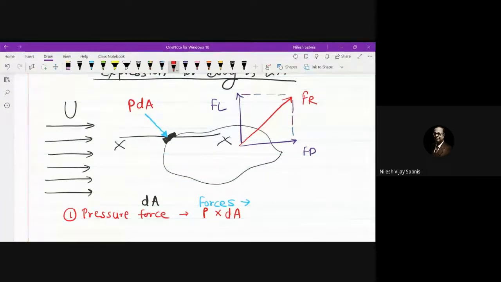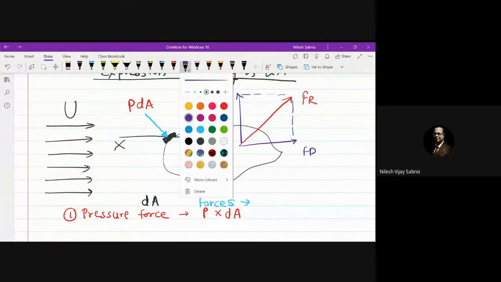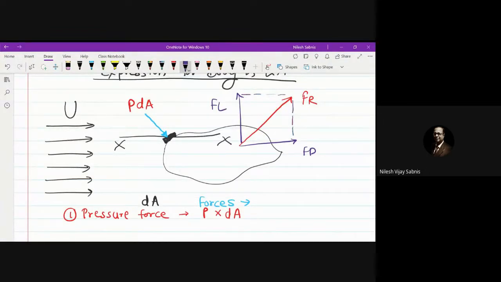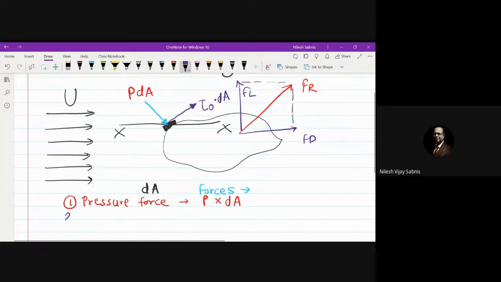Then there will be shear force, acting along the tangential direction, and that is tau 0. The shear stress tau 0 multiplied by the area is the shear force. Second is the shear force, which is tangential: tau 0 into dA.